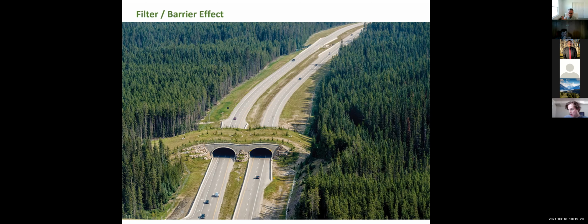Because when cars come into conflict with animals, it's not just the animals that are getting hurt. You also have property damage, obviously, to the vehicle itself, and oftentimes fatalities if it's a bad enough collision with the wildlife. So these types of wildlife bridges and structures help to protect people as well as wildlife.